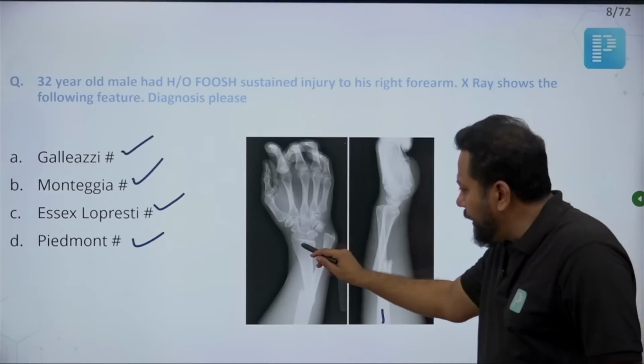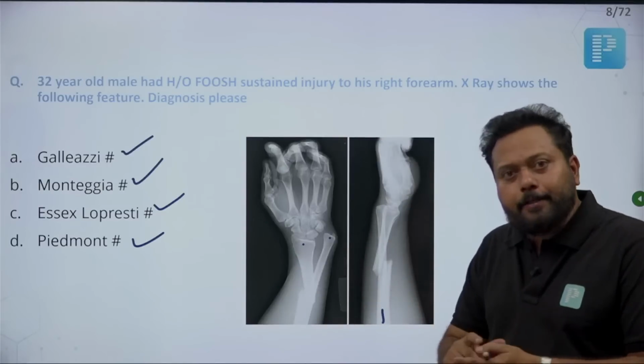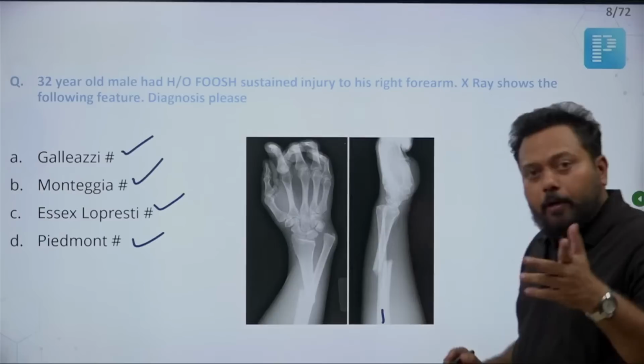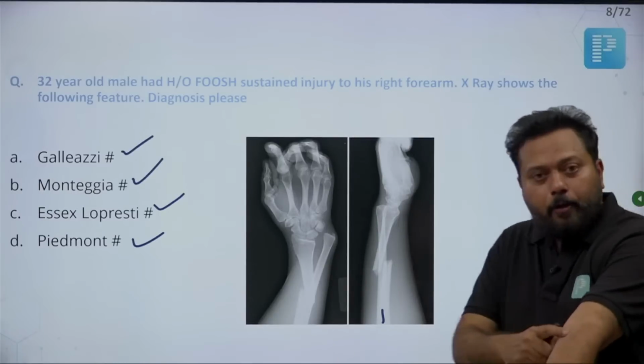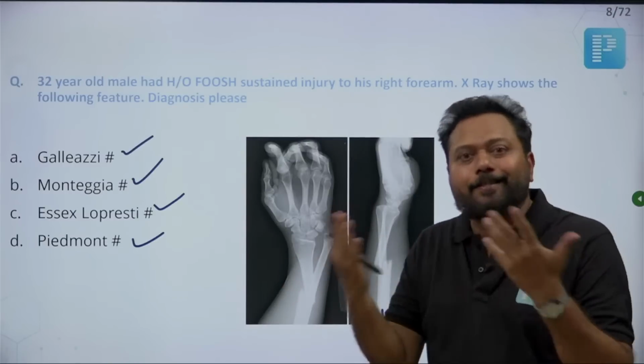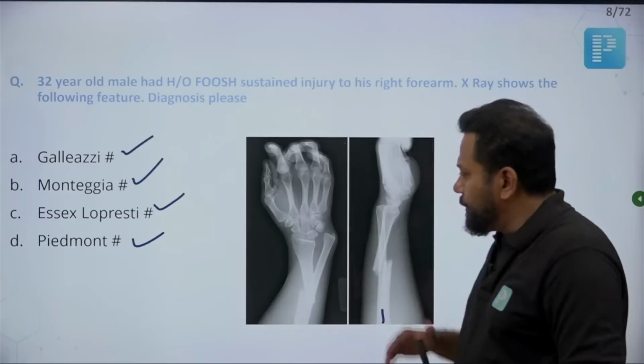And how is the radio-ulnar joint? The radio-ulnar joint here is the distal radio-ulnar joint. How many radio-ulnar joints are there? A proximal radio-ulnar joint and a distal radio-ulnar joint. Here the distal radio-ulnar joint is disrupted. So, what is this fracture?